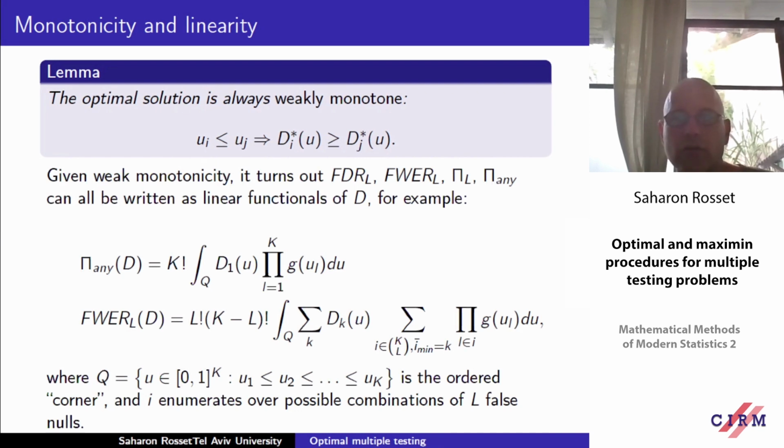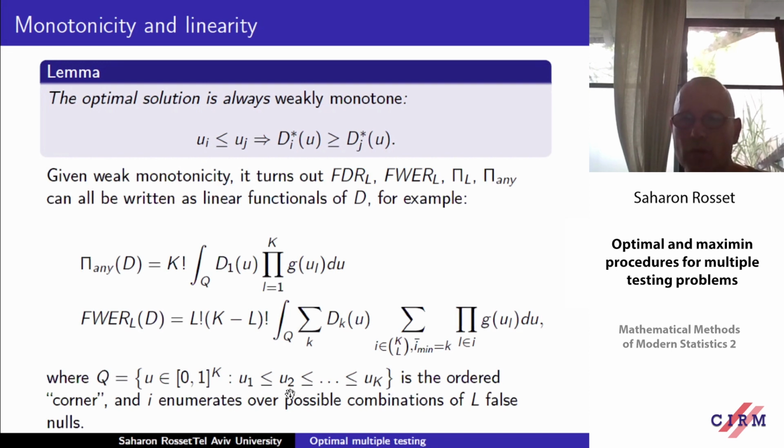And I'm actually not going to dwell on how exactly that happens. Yeah, it's in the paper, and I won't talk a lot about it. But once we know that we are only rejecting the smallest p-values, then one thing we can do is limit our attention to that corner or octant of the space where the p-values are increasing.